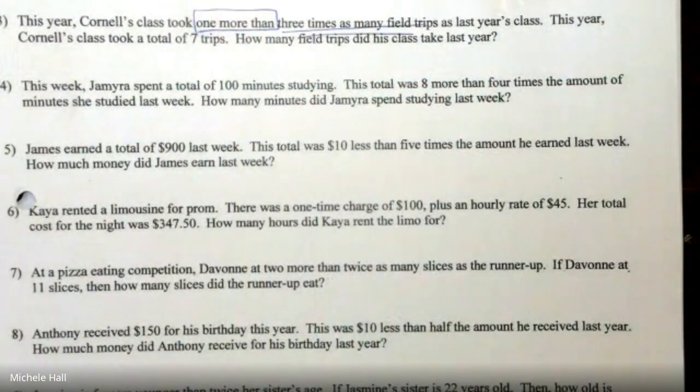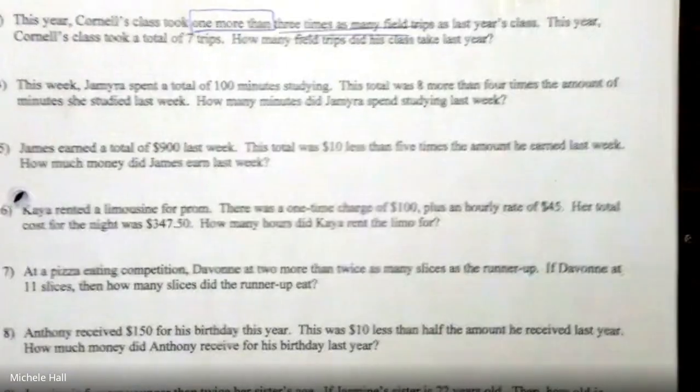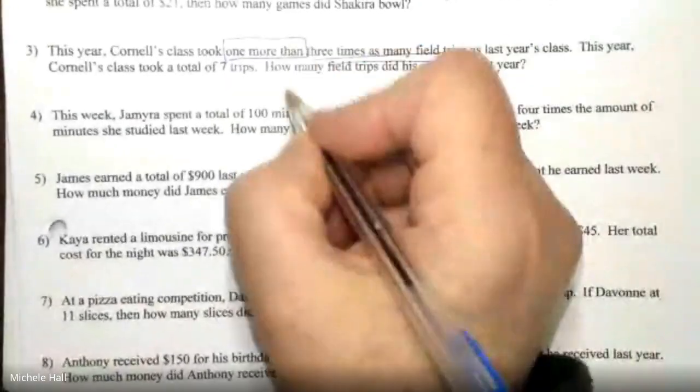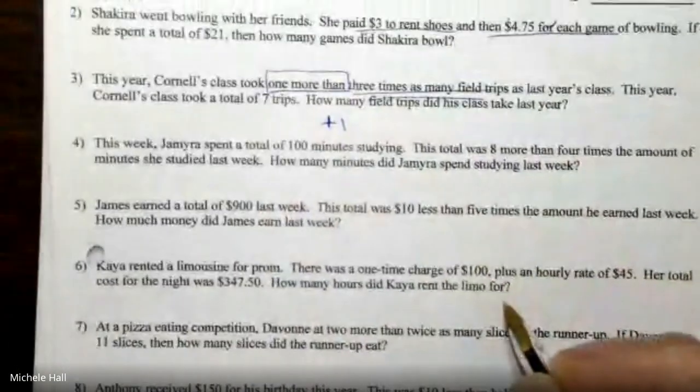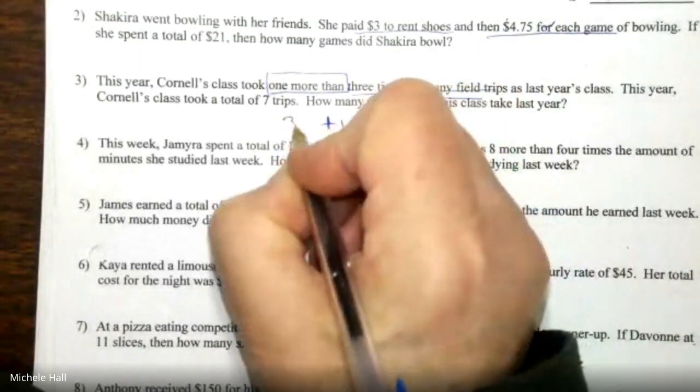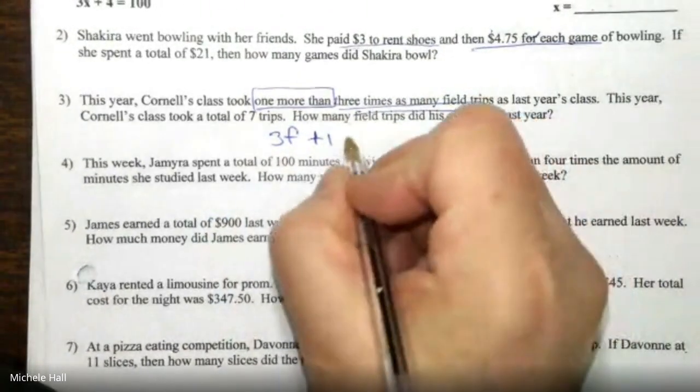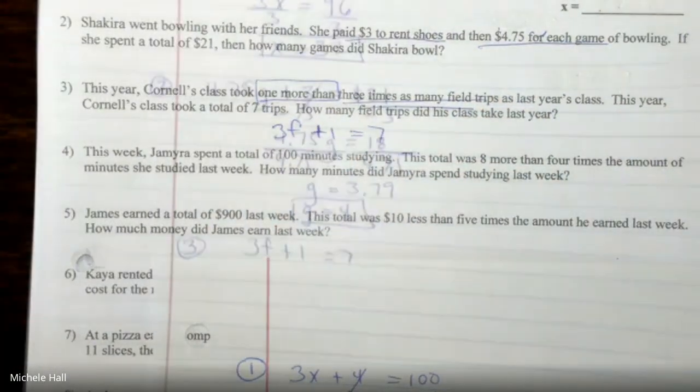And then we know the total. So 1 more than 3 times as many field trips. I'm going to use F for field trips. And we know that it's a total of 7 trips. Go ahead and solve.